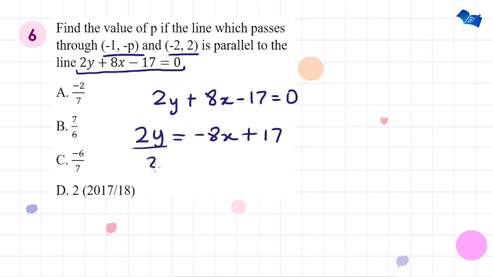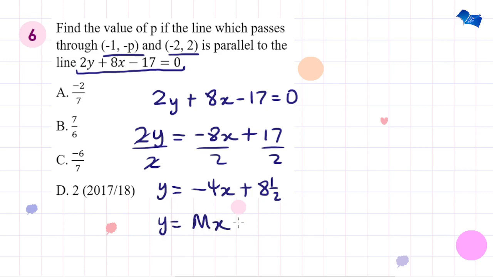And then I'll divide all through by 2. So y is equal to minus 4x plus, maybe we can write this as a mixed number. So we have expressed this in that form, y is equal to mx plus c, where m is the gradient, right? So we can see here that m is equal to minus 4. M is equal to minus 4, the gradient.